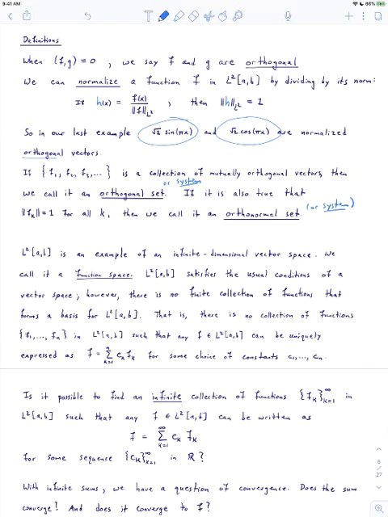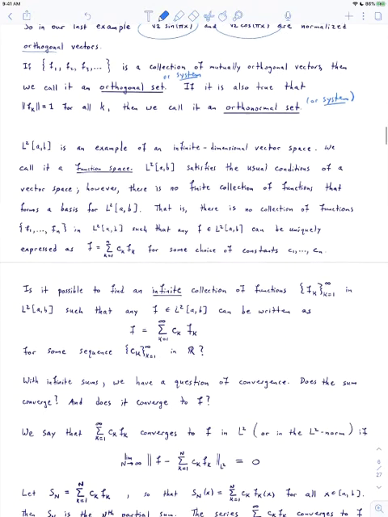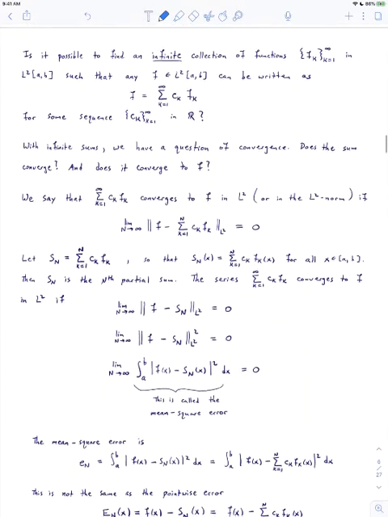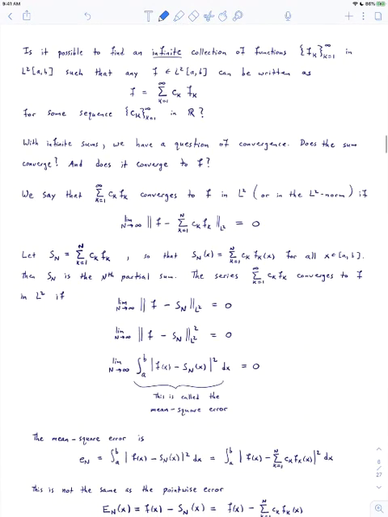With infinite sums, we have a question of convergence. So does this sum converge, and does it converge to the function f? And in what sense does it converge? With infinite sums, we have to address these questions.